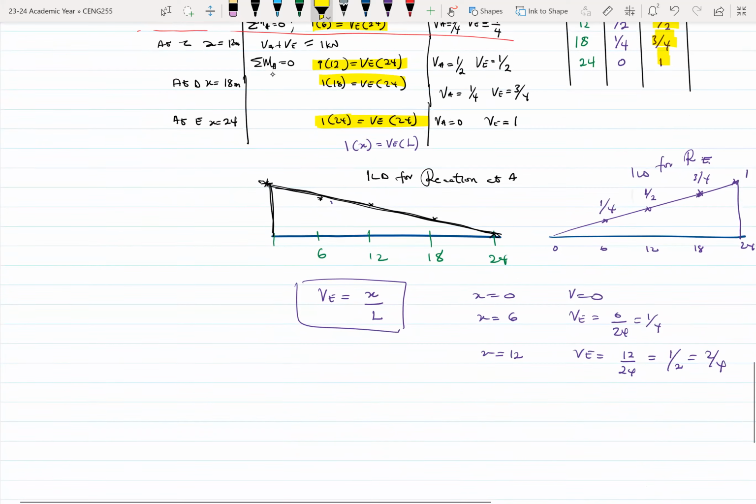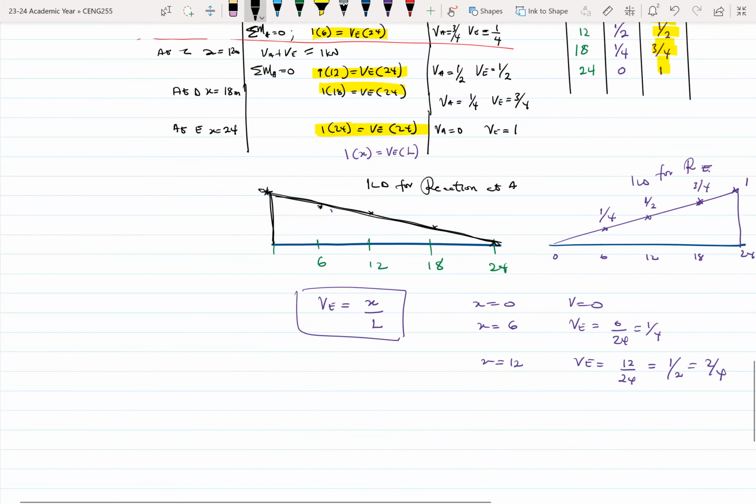Okay. So if VE is equal to X over L, and then VA plus VE is equal to 1, then it means that VA is equal to 1 minus X over L. All right.